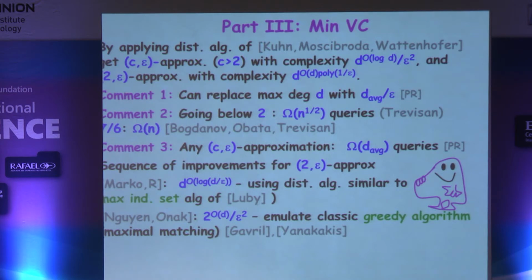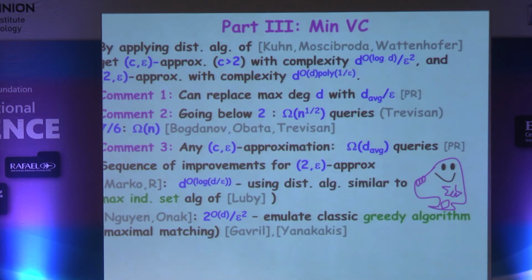So Nguyen and Onak gave a totally different idea, not depending on a distributed algorithm, but emulating a well-known classic greedy approximation algorithm, and they got something where the dependence on epsilon is slightly better and on d is not better.